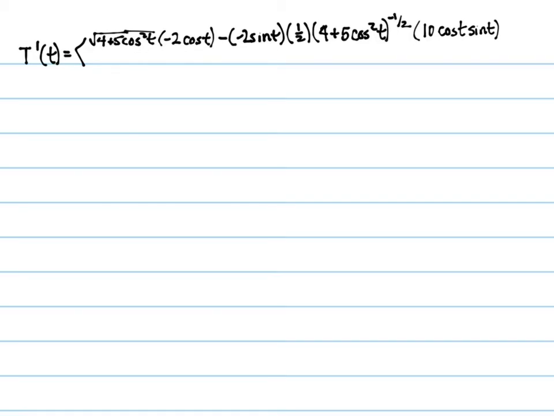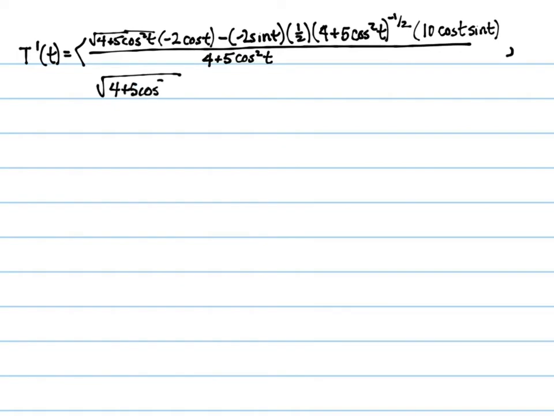I'm just going to assume that what I have in my notes is right at this point, and we'll just write it down. If you guys want to tell me later that I was wrong, I'm okay with that. And this will be divided by the same value in the denominator, but squared, so 4 plus 5 cosine squared t. And then the other half of that looks very similar, right? Square root of 4 plus 5 cosine squared t times negative 3 sine t, minus 3 cosine t.